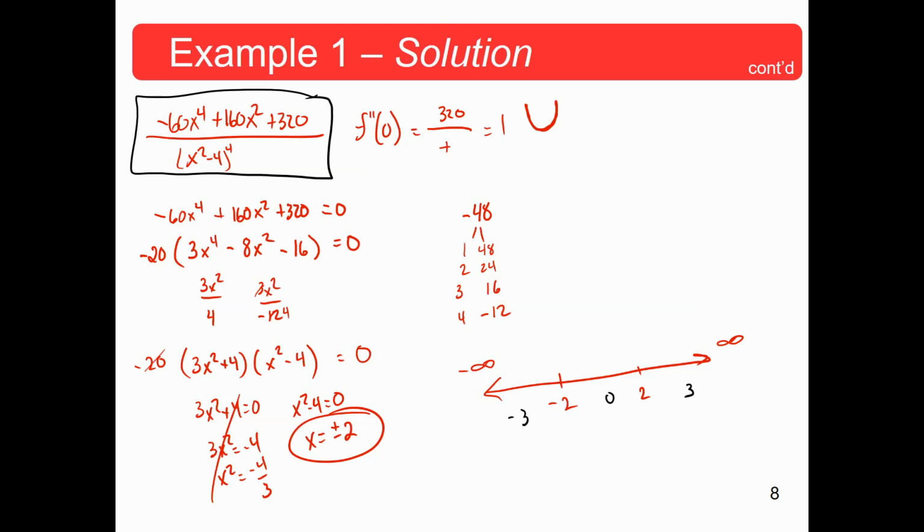Let's see, is that right? 9 minus 4 is 5, 5 to the 4th.